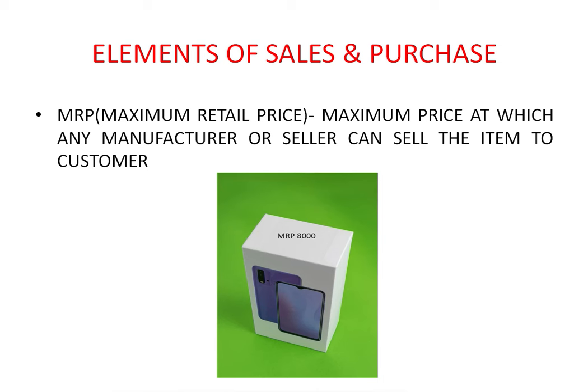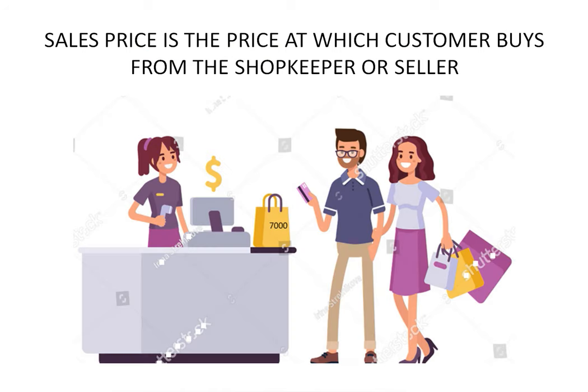In many questions, we will see MRP is given. Then the shopkeeper will give some discount. After that, in that question, we will be asked about the profit and loss of the shopkeeper. So the next element of sale and purchase is the sales price. Sales price is the price at which the customer buys from the shopkeeper or seller.